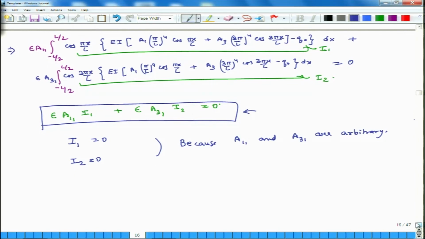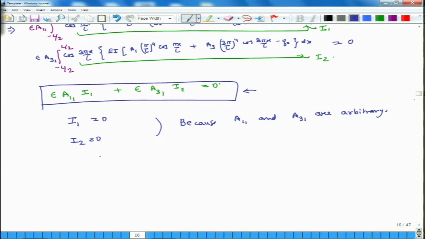Now, if you look at I1, you get an equation in A1 and A3, and if you look at I2, you get another equation in A1 and A3. So, you get two equations with two unknowns. When you solve I1 and I2 and reorganize, you will get a 2 by 2 equation system.